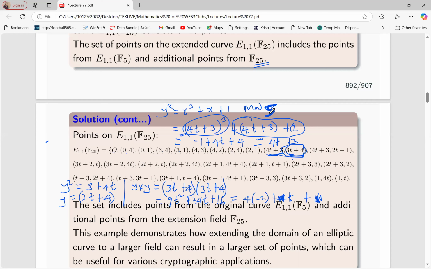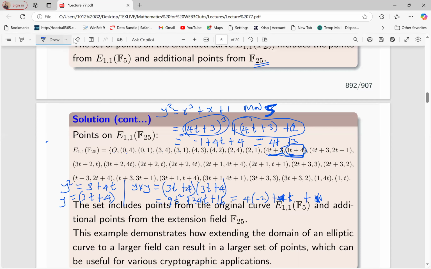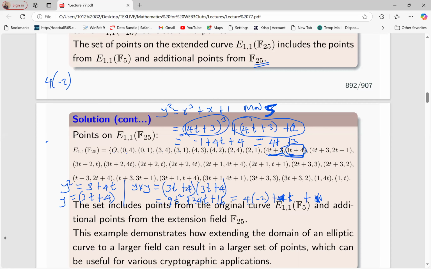My pen is not writing properly here. Okay, let me write it somewhere else. It is 4 into negative 2, where negative 2 is the t squared. Then this other one is 24t, which is the same as 4t.